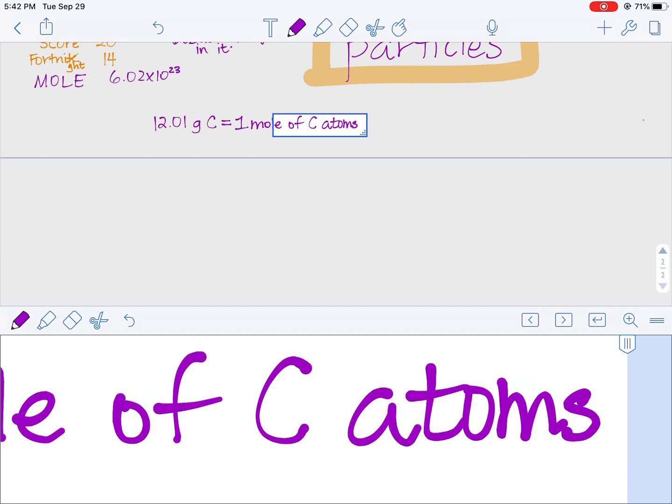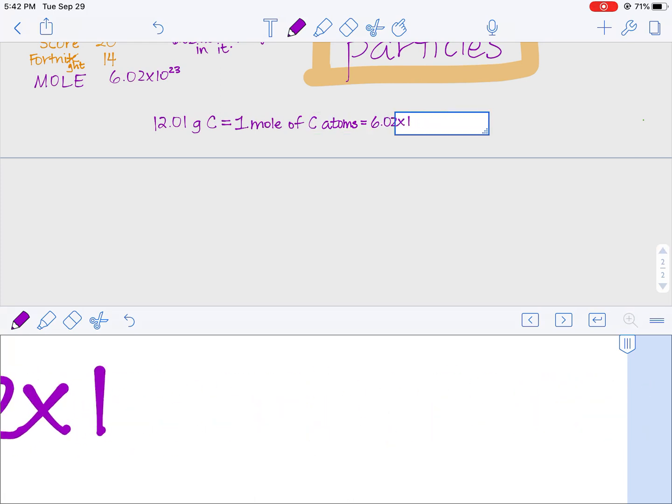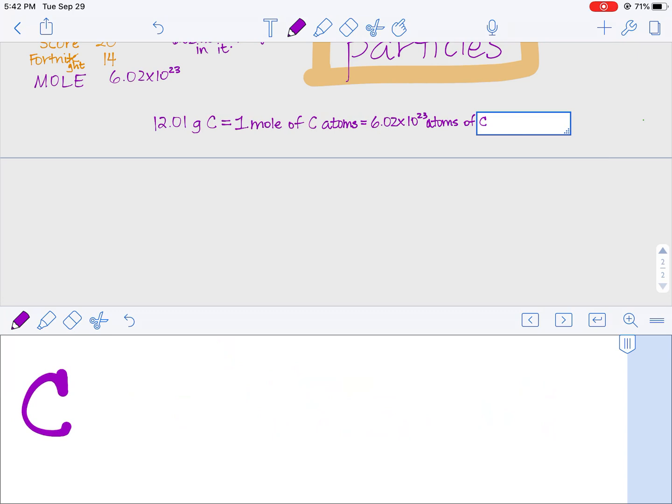Elements are made of atoms, and it's not one of the Brinkelhoffs. And that means, since I've got 1 mole, there are 6.02 times 10 to the 23rd individual atoms of carbon in that sample. So remember, a mole is a bunch. When you've got 12.01 grams of carbon, you have 1 bunch of atoms that has 6.02 times 10 to the 23rd atoms in it.